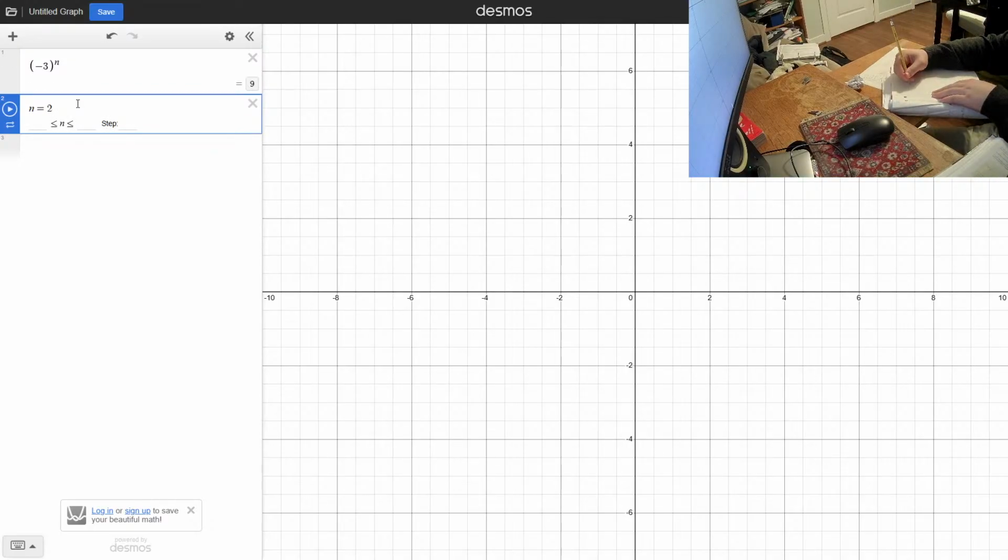And then you have 2, and that's 9. And this is what we're doing here. 81, negative 243. Okay, on to the next problem.